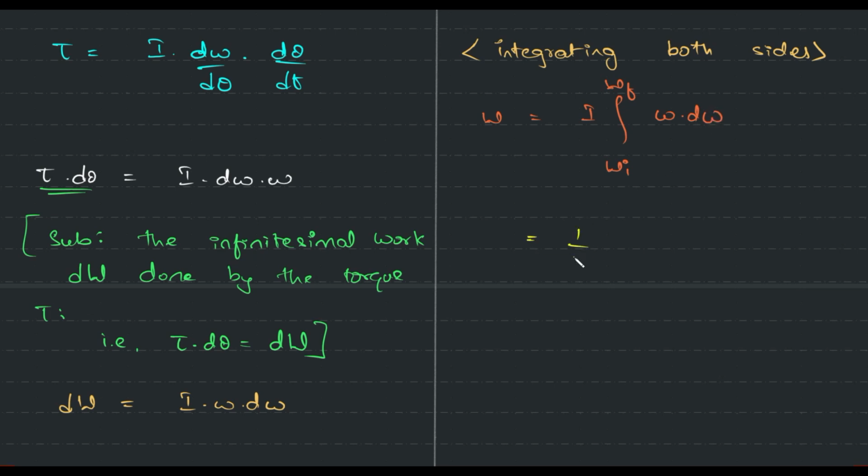And so this integration is half I omega squared, so omega f squared minus omega i squared. I hope you guys are good with your integration. And this is your result. As I mentioned, the work that I do, I can figure it out by looking at what the omega changed from and what value it changed to. All I have to do is use this math.